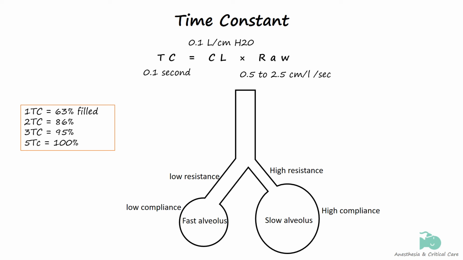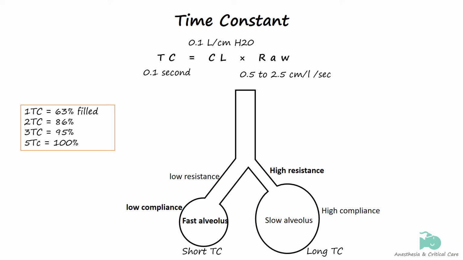If you recapitulate the illustrations of time constant discussed earlier, we know that poor compliance units will have a shortened time constant, and will fill rapidly but incompletely, and high resistance units will have a long time constant, and will fill slowly. Obviously, if the inspiration is very rapid, the only units which are completely filled are going to be the units with the shorter time constant called fast alveoli, which are going to be probably the poorly compliant units.